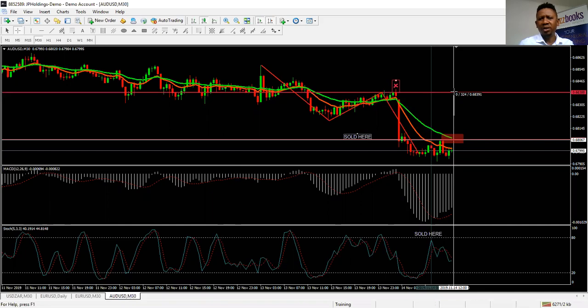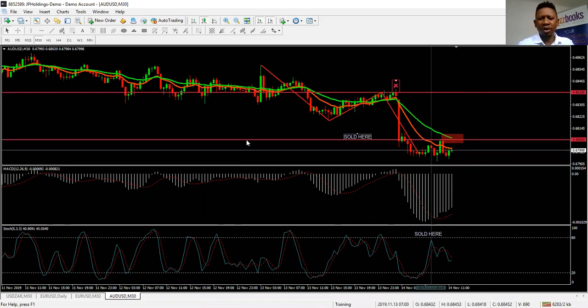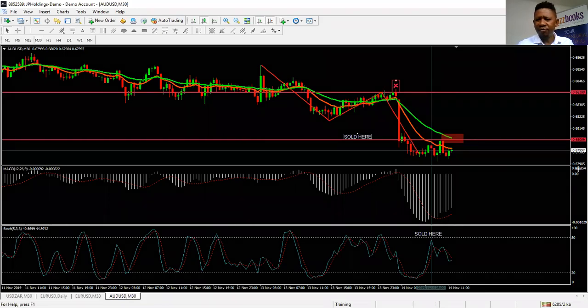You can see that your broker is quoting you in 5 decimals. Can you see on the other side? 5 decimals. 5 decimals means pipettes.